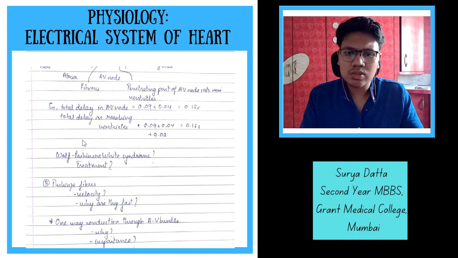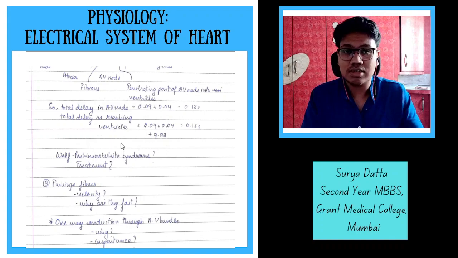Now, what is Wolff-Parkinson-White syndrome? It's pretty simple. It just has a big name. It's pretty cool, I think. Basically, you know how I told you about the fibrous sheath? Imagine someone poked a hole through it.